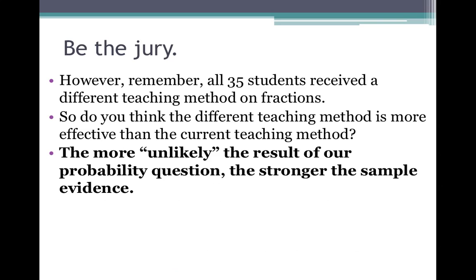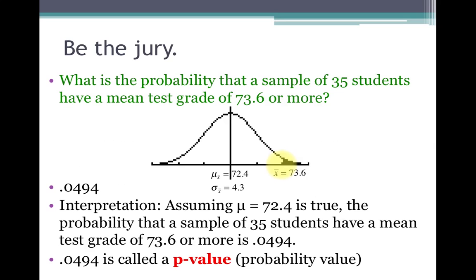The more unlikely the result of our probability question, the stronger the sample evidence. So, before, with Gestimax, we had a likelihood of 0.62%. Here, with this teaching fractions question, we have a likelihood of 4.94%. The more unlikely event, the stronger the sample evidence, because the more unlikely something is, the further to the right of center that x-bar will be, because unlikely events have very small probabilities.